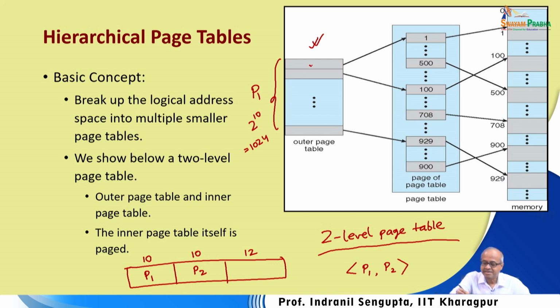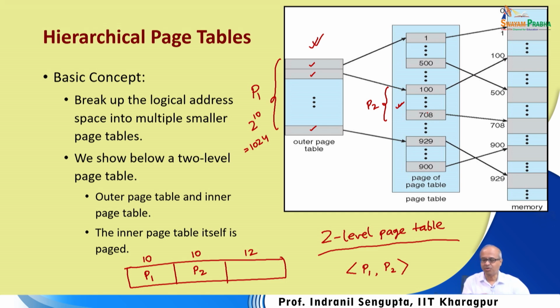The entries in this outer level page table will point to another small page table that will be indexed by P2. For example, you go to this page table. Now, here you use P2 to select one of the entries.